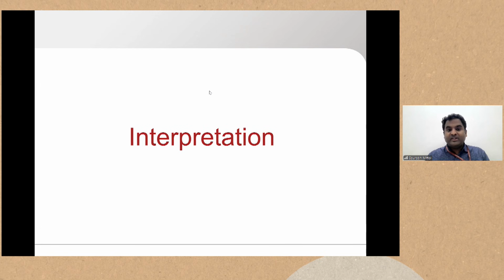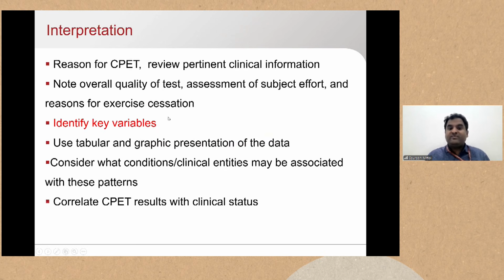When we talk about interpretation of the CPET, first of all, we need to see why the CPET was done, what the patient's background disease is, and whether that disease is treated or not. Then we look at how the test was performed, whether the patient has actually performed the test appropriately or the test was prematurely stopped. Then we look at certain key variables.